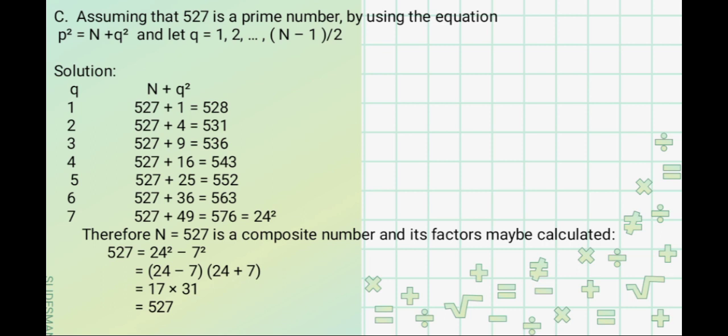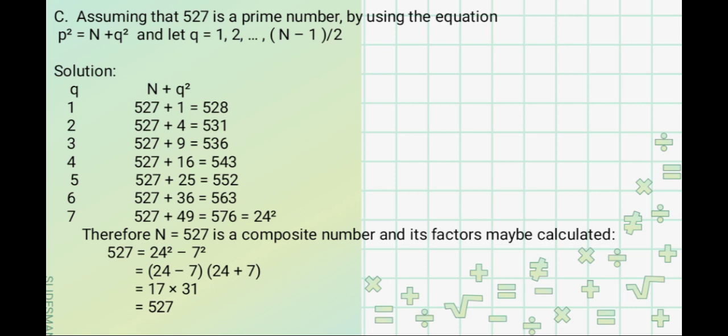So, same process, our q, first number is 1. So, since 1 man ato ang q atong pinakauna nga number dinhi, so ato siya i-substitute sa ato ang values na to sa equation nga n plus q squared.